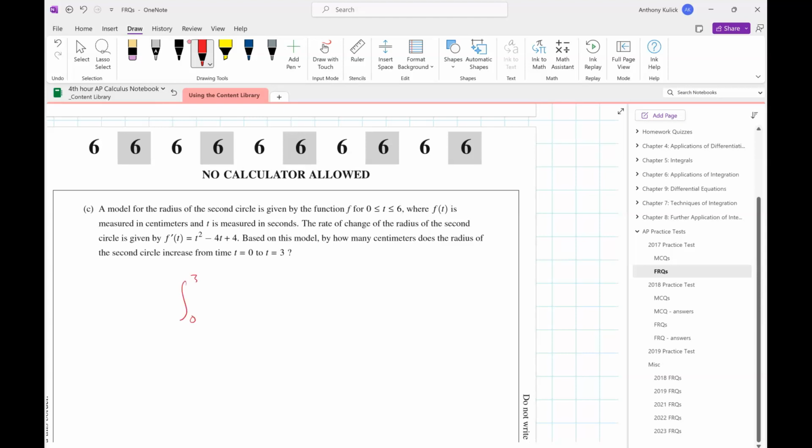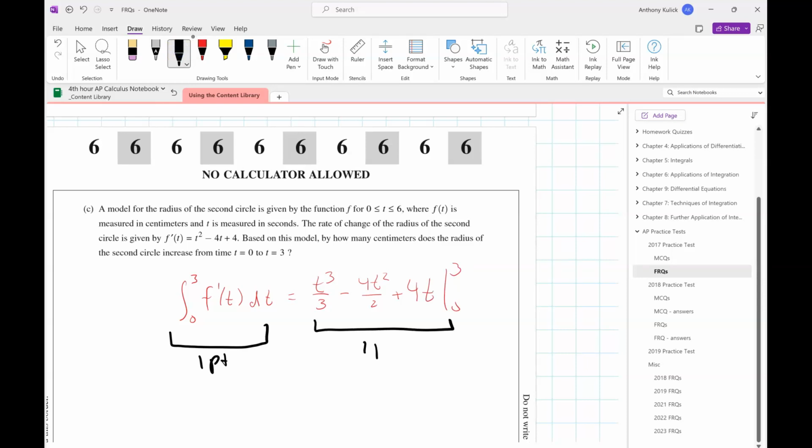Most of us were able to just recognize this as an accumulation problem. Recognizing that the integral is what we needed was 1 point. If I do the antiderivative correctly, that was 1 point.